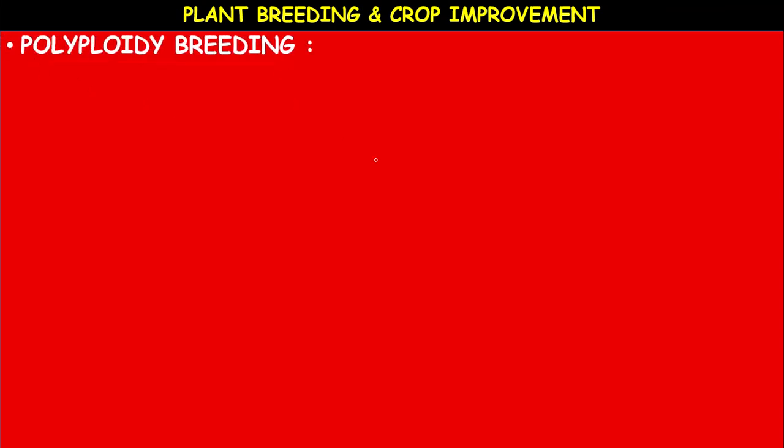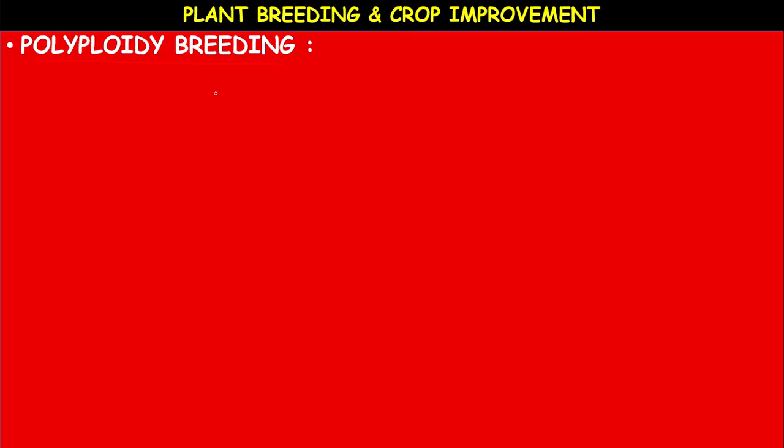Polyploidy breeding, the technique polyploidy breeding. The term ploidy represents the number of chromosomes present in that particular organism.